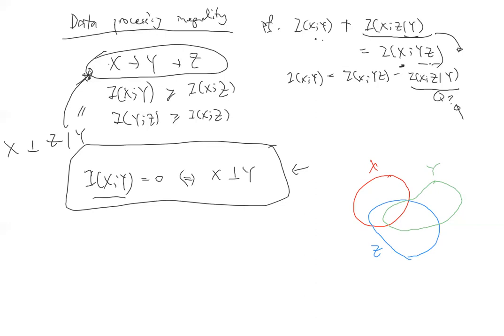Okay, let me just answer my own question here. When X and Z are conditionally independent given Y, I should have I(X;Z|Y) equal to 0. So this is very reasonable, right? Knowing Y, X and Z are independent, which means there's no shared information between X and Z.